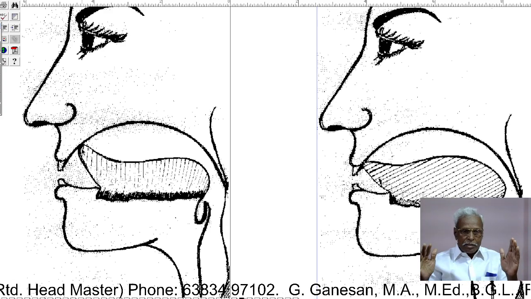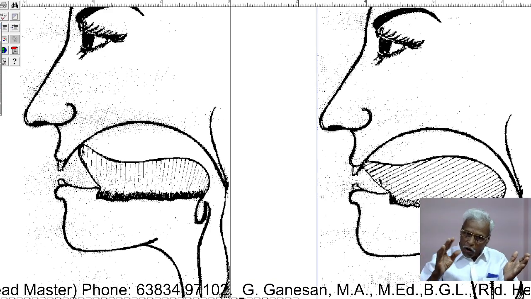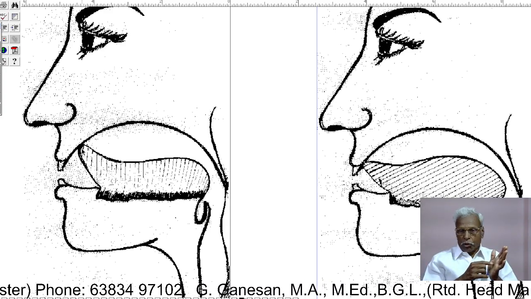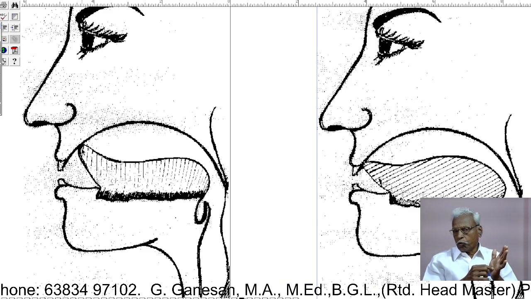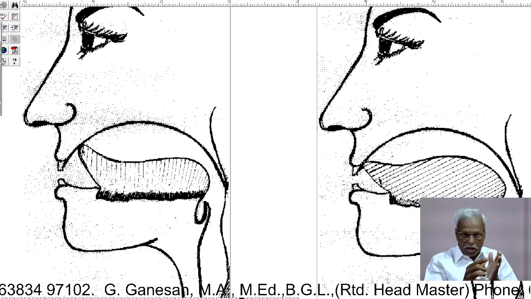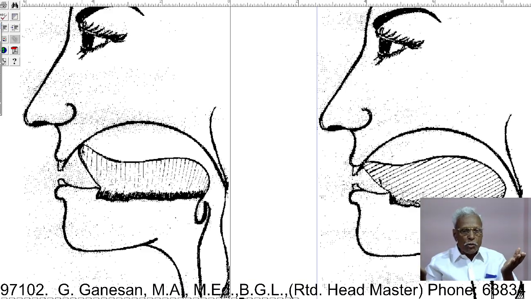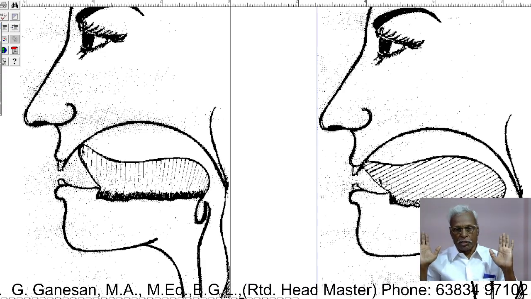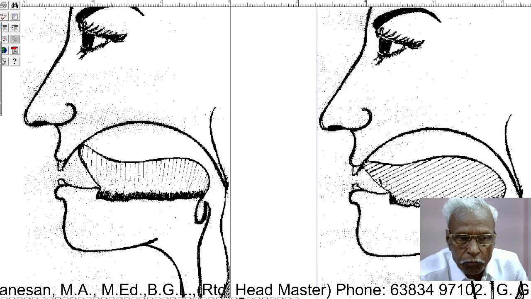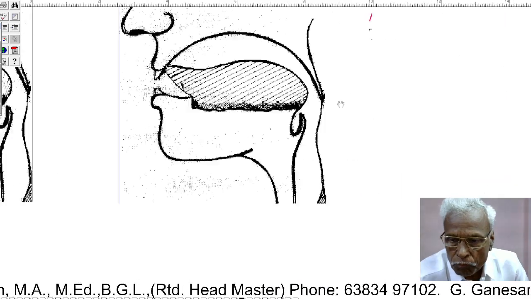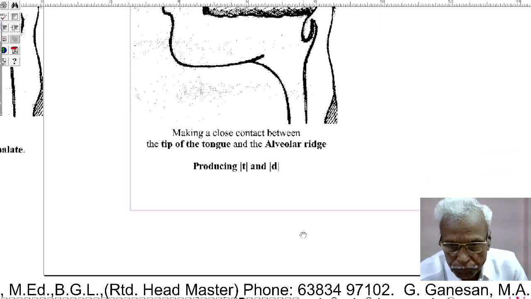Yet, as there is no other way to write Tamil to show this consonant phoneme and its varieties, we have to use the English letter. Let us see here.